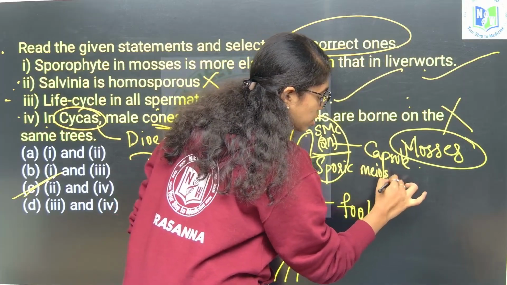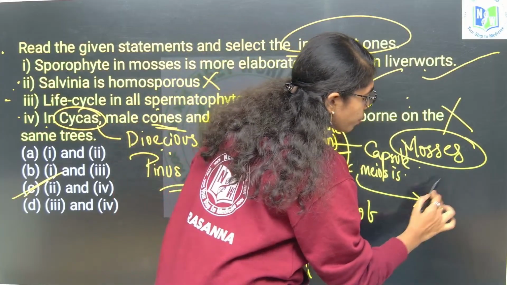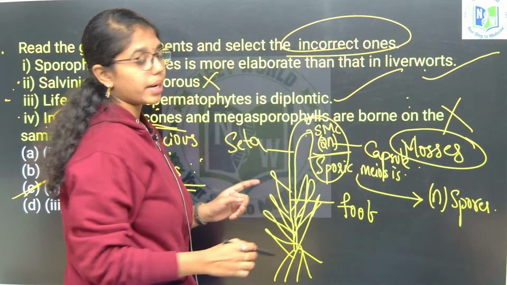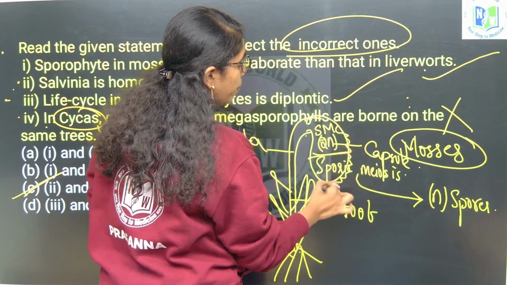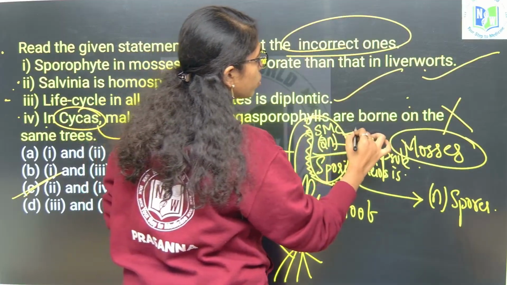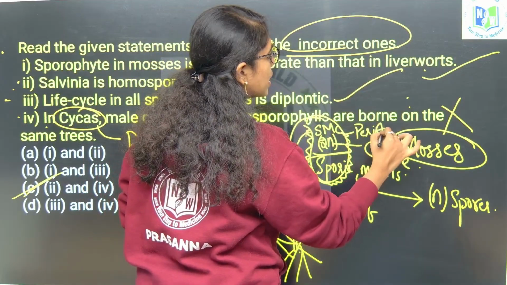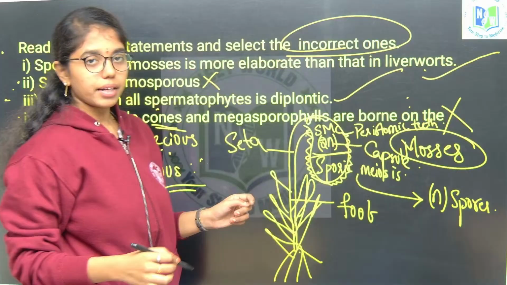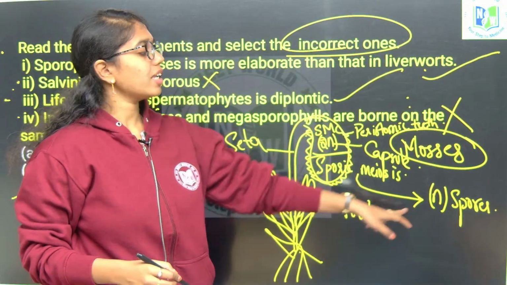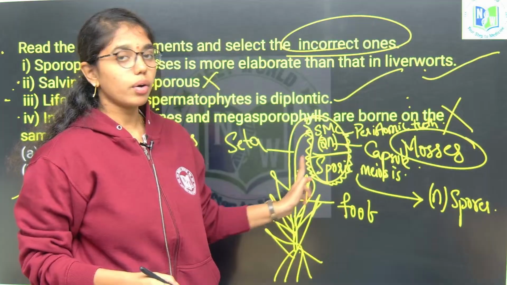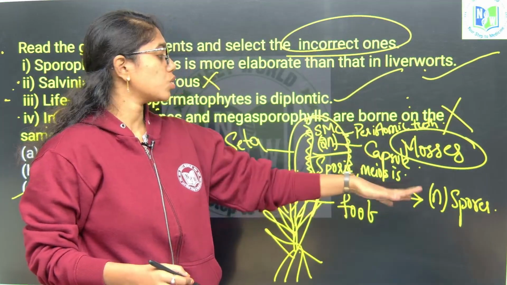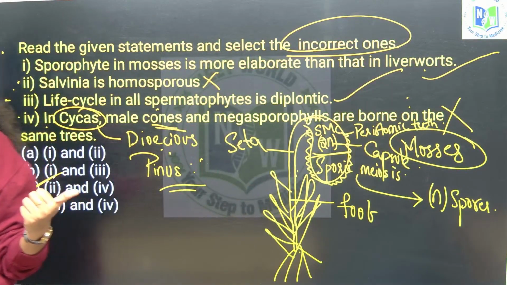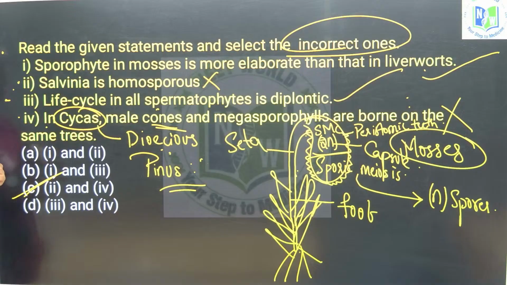Haploid spores will be liberated out through the peristomial teeth, which are dead cells. Clear, right? So this will be the mechanism of dispersal from the sporophyte. Haploid spores are dispersed in this way from the diploid sporophyte. Understood, ma? Tanvir, is that easy? Next question.